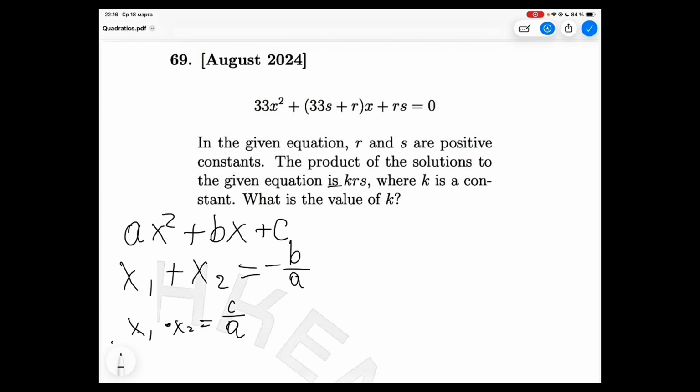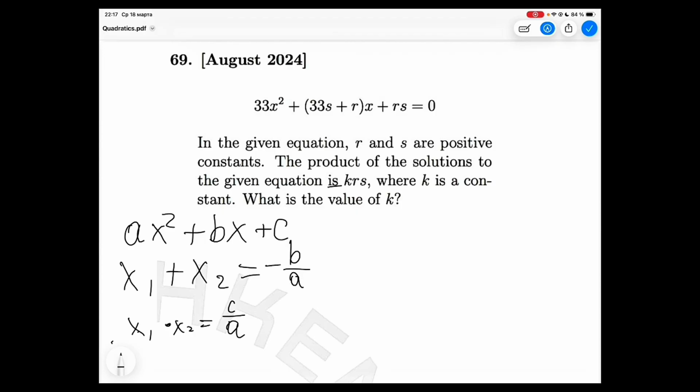That's it. This is the concept that I want you to know. You need to know what each letter represents. The sum of its solutions is going to be equal to negative b over a, and the product of its solutions is going to be equal to c over a.